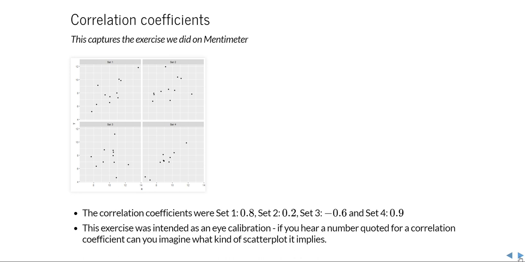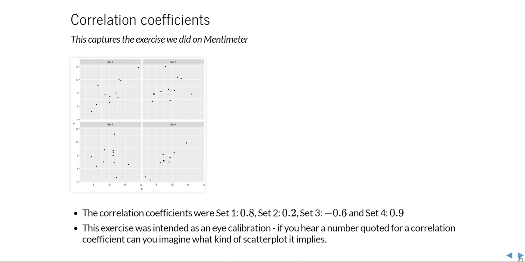So top left, we're looking at a correlation of 0.8, and bottom right, a correlation of 0.9, and it shows you there is still a lot of scatter around some imaginary straight line, even when you have quite high correlations. If you look at set 2, top right, it has a correlation of 0.2, but it's very difficult to say we can see a strong relationship there. And perhaps more surprisingly, set 3 has a correlation of minus 0.6, but again, it's not obvious from just looking at the numbers that there's any kind of relationship there.